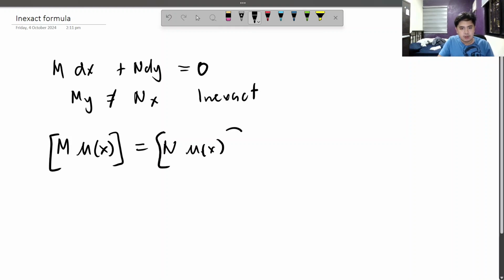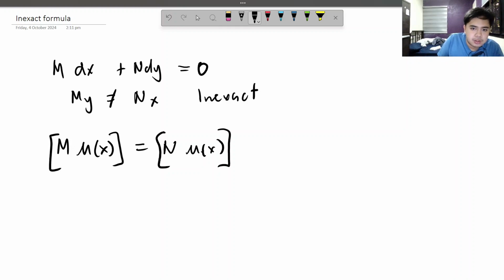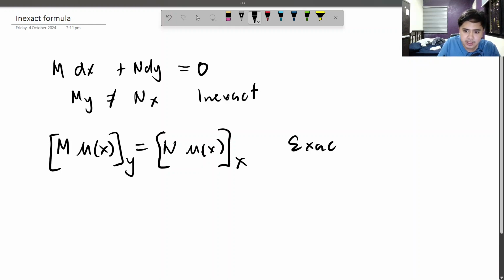We can also assume mu is a function of y, but we will deduce later that the formula would be very similar to what we have. So in order for this to be exact, this needs to be partially differentiated with respect to y and this with respect to x, and they should be equal.